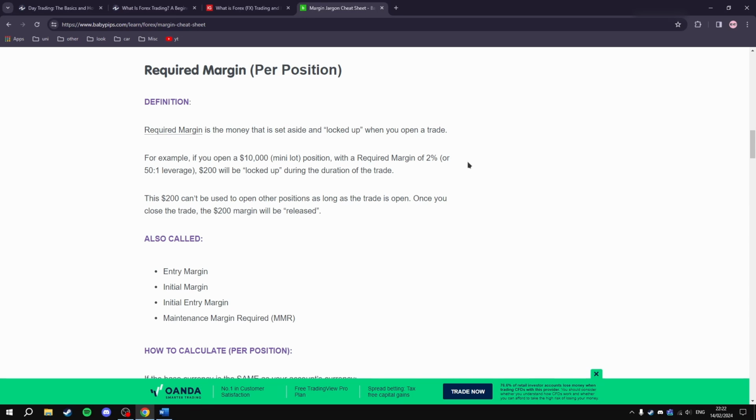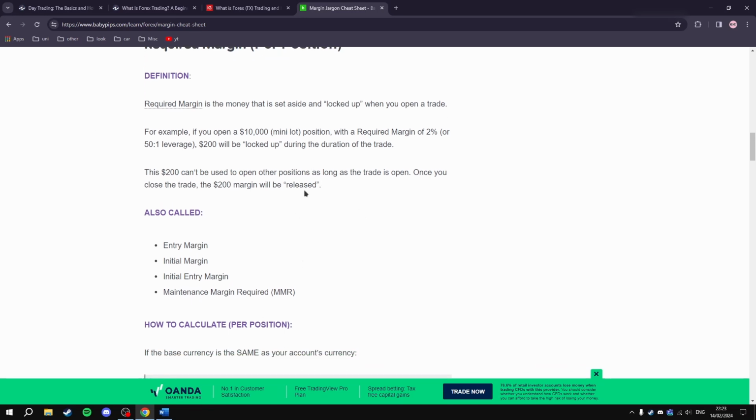For example, if you open a 10,000 mini lot position with a required margin of 2% or 50 to 1 leverage, $200 will be locked up during the duration of the trade. This $200 can't be used to open other positions as long as the trade is open. Once you close the trade, the $200 margin will be released. Also called entry margin, initial entry margin, maintenance margin required.